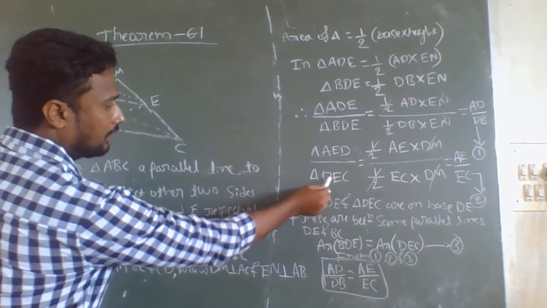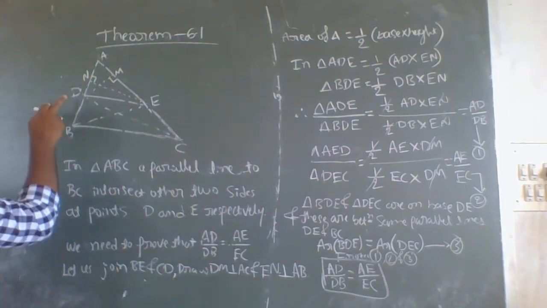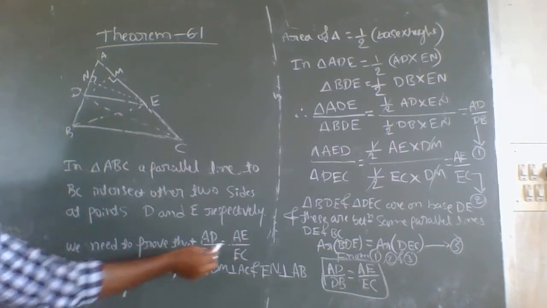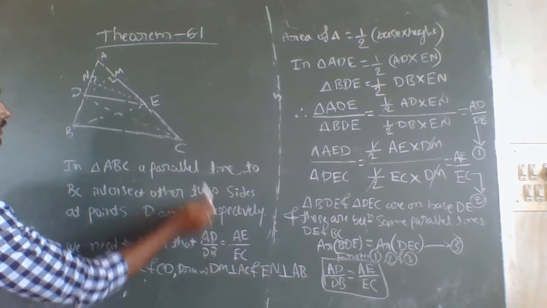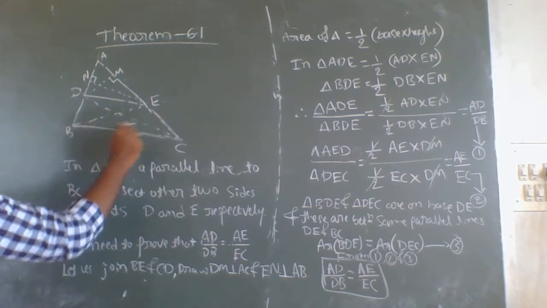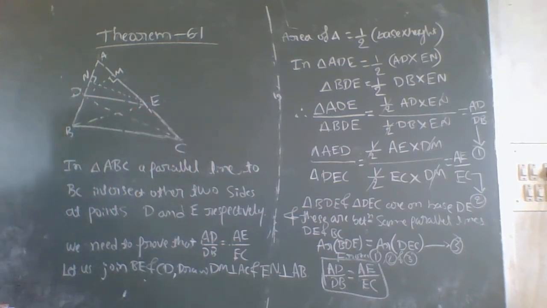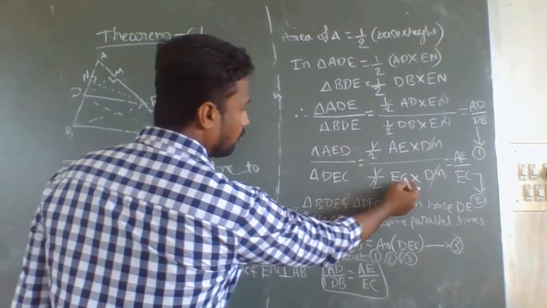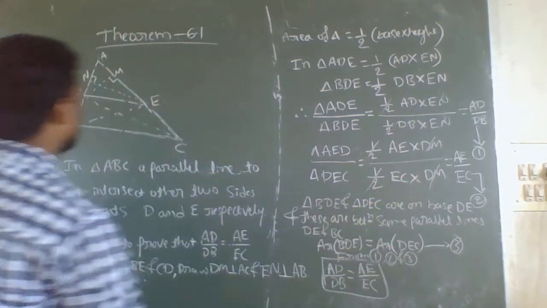Next, in triangle DEC, now I will consider the triangle DEC. Why? So here AE by EC means EC should be base here. Therefore, in triangle DEC, I will consider EC as the base. So here area of triangle DEC is equal to 1 by 2 into base means EC into height.